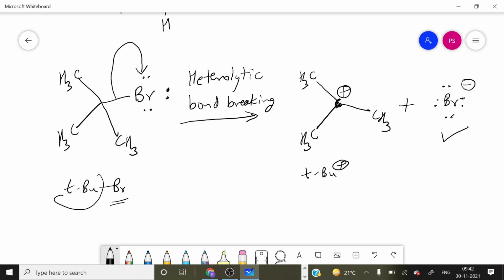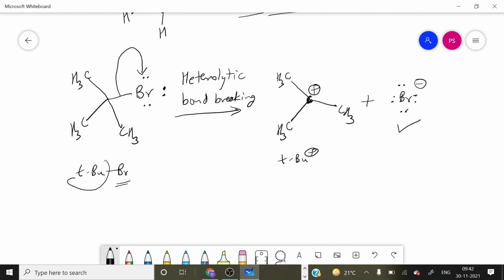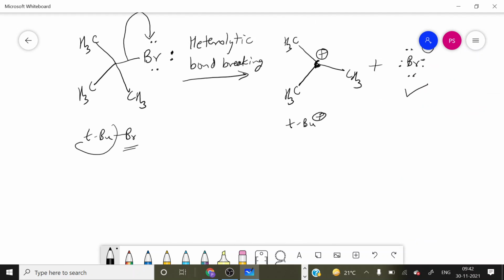And why is it so? Because of unequal movement of electrons. You can see how many electrons are there around this carbon atom. 4 bonds means 8 electrons, so the octet is complete.